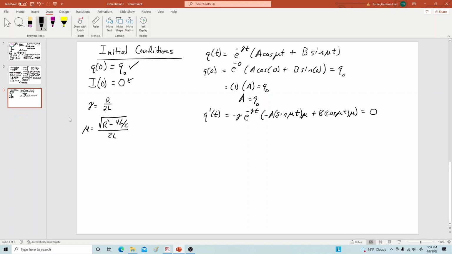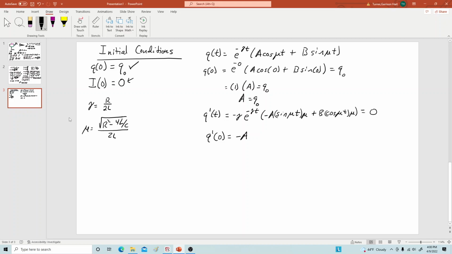And so I can even go ahead and divide both sides by negative gamma e to the negative gamma t, and dividing 0 by that doesn't do anything. So I can write this condition as negative a, when I'm evaluating this at time 0, I can do this, right?